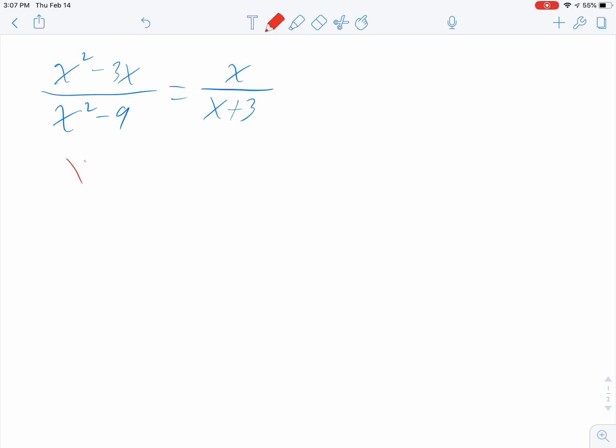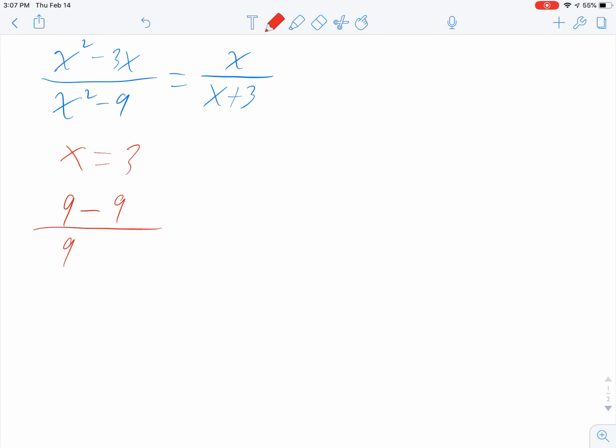Okay, but now watch this. What if I try for when x equals 3? On the expression on the left, I get 3 squared, which is 9, minus 3 times 3, which is 9. And on the bottom, I get 3 squared, which is 9, minus 9. I get 0 over 0, which is undefined. That makes no sense.